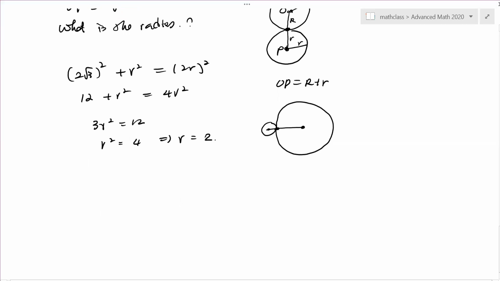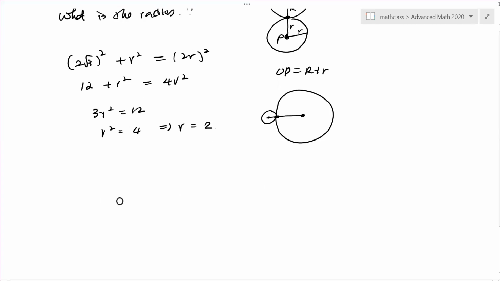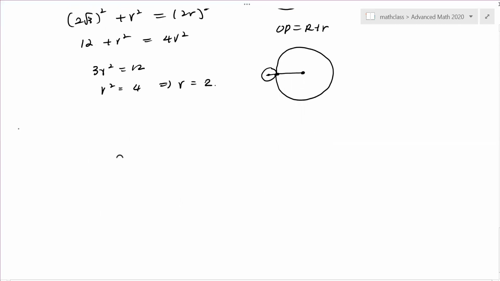Okay, our next problem is as follows. We have an equilateral triangle. That's an equilateral triangle, right? Inside this equilateral triangle, I have a large circle inscribed. Then I have a smaller circle inscribed here.